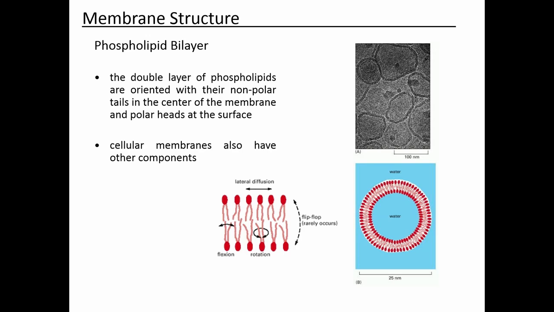One type of movement that's easy for phospholipid molecules is that they're able to diffuse laterally. So if you're just thinking in this dimension, this phospholipid molecule can diffuse to the left or to the right very easily. It can switch places with other phospholipid molecules of the same layer. So lateral diffusion happens frequently.